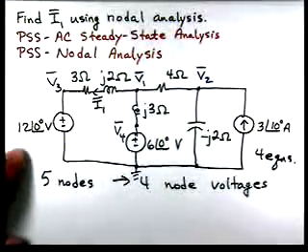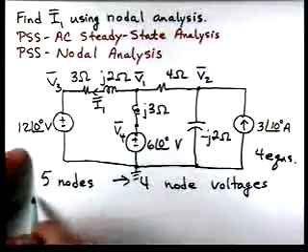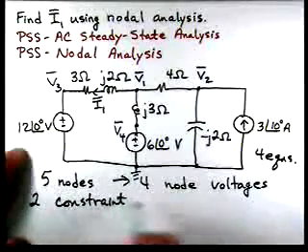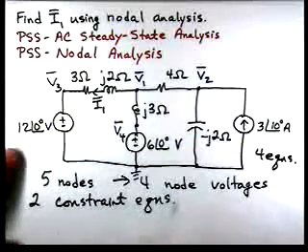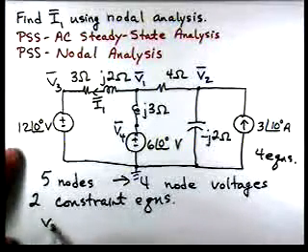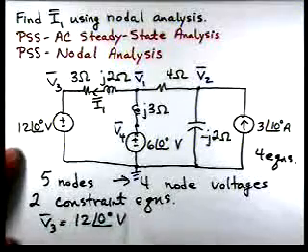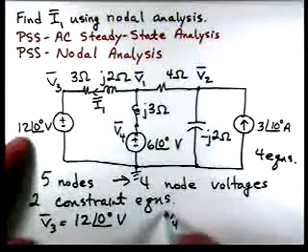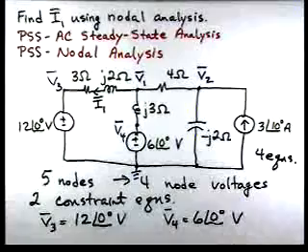Okay. Now, we have a couple of voltage sources connected between the node and the reference, so we're going to have 2 constraint equations. One of those constraint equations is V3 is equal to 12 at an angle of 0 degrees, and the other one is V4 equal to 6 at an angle of 0.